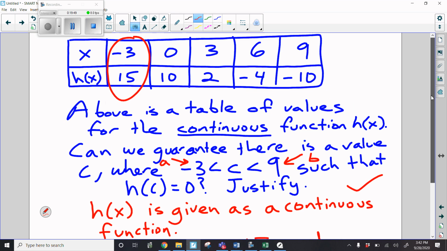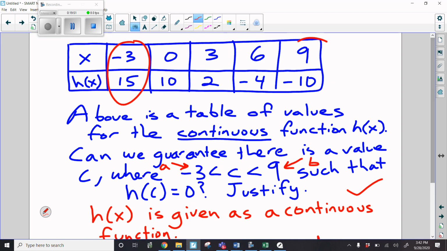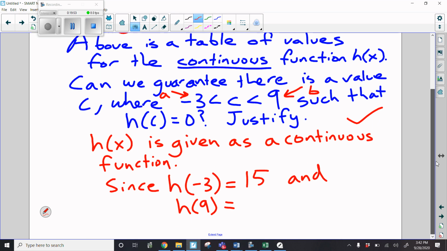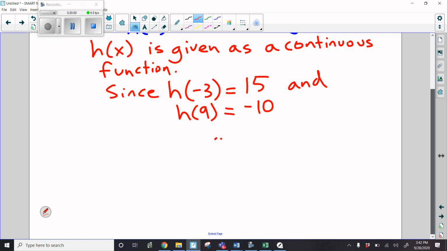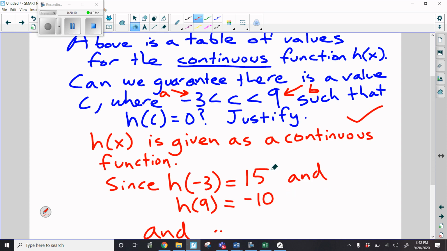And h of 9 was -10, right here. And now what I'm trying to find again, oh yeah, h of c equals 0. I want to prove that 0 is between negative 10 and 15.